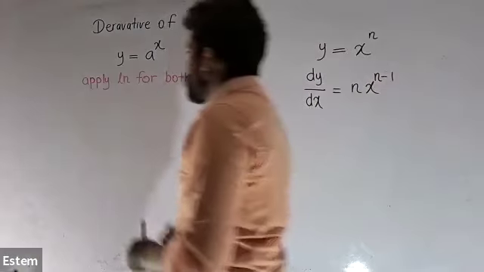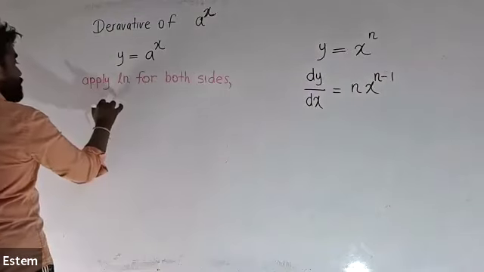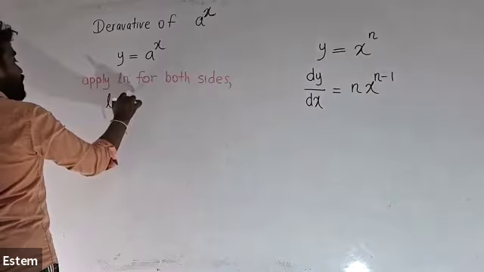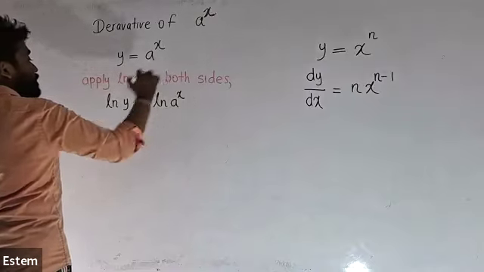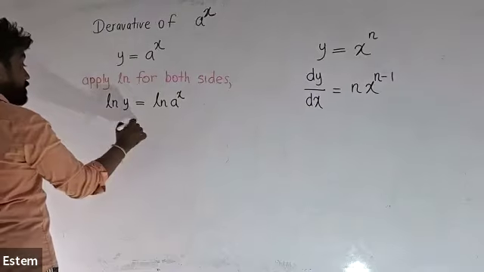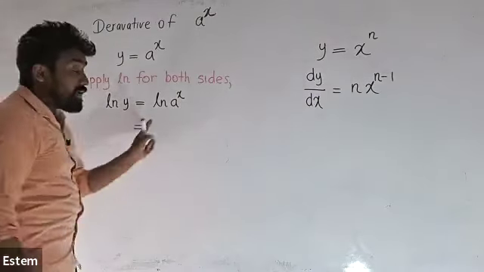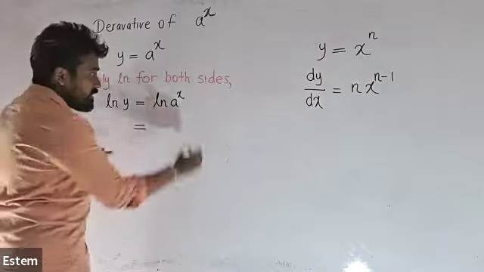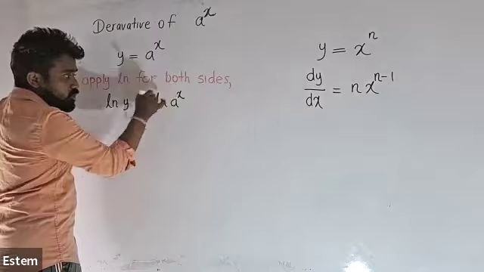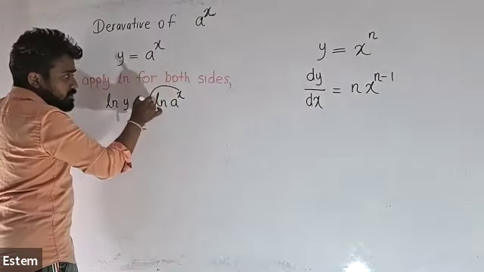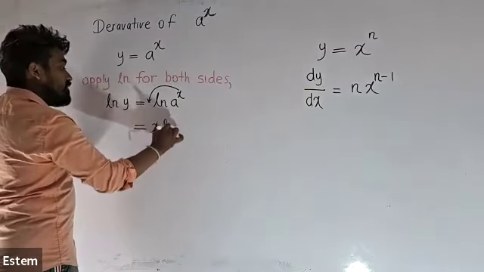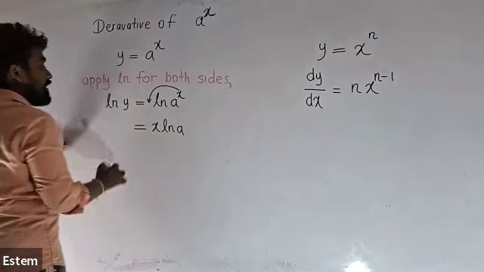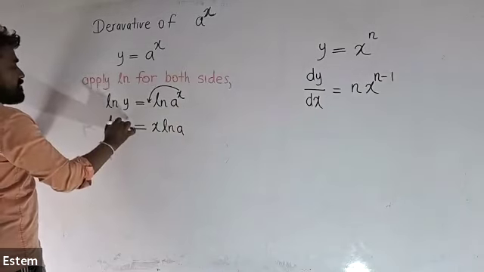Now it is ln y equals ln a to the power x. We know that when we apply the ln function here, we can bring this x to this place. Now I'm writing x ln a on one side and ln y on the other.